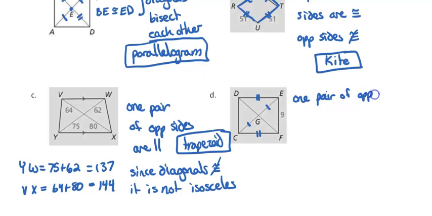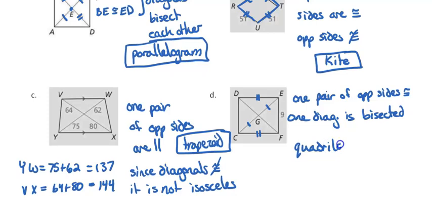I don't know anything about any angles. One diagonal is bisected. And I know one side is 9, but that really doesn't help me. So I don't have any information to show a parallelogram or any other kind of shape. So the best I can do is that it is a quadrilateral. Obviously, I know it has 4 sides. And so it is a quadrilateral, and that's pretty much the most specific name I can give it.